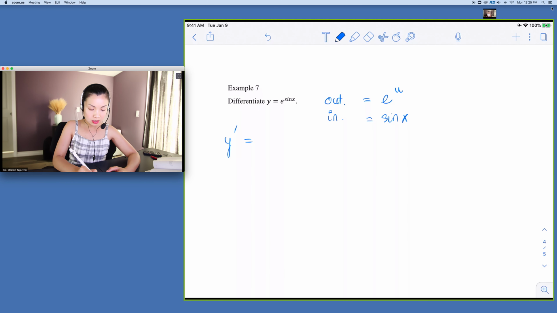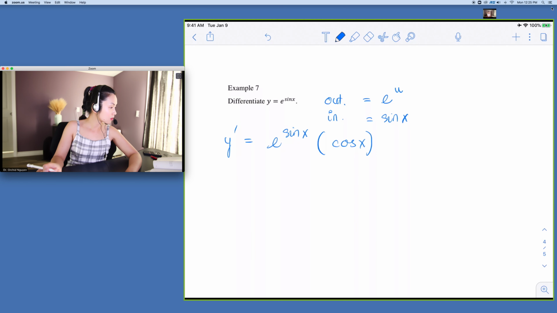The derivative of the e function is just e itself. And then we multiply by the derivative of sine, which is cosine. Okay, and you can just leave it like that because we can't really simplify it.